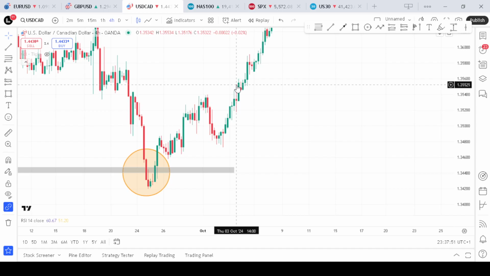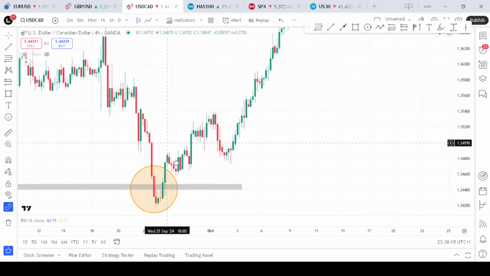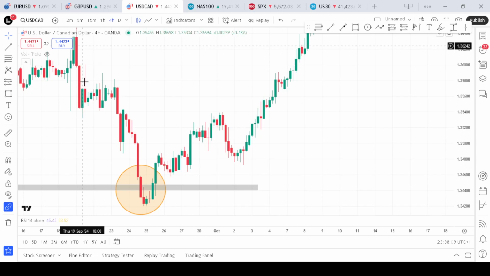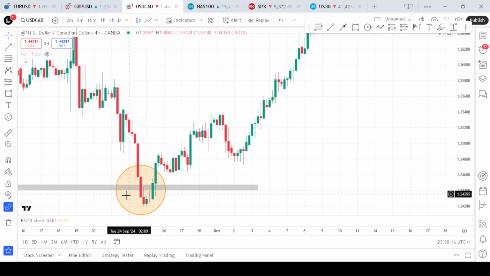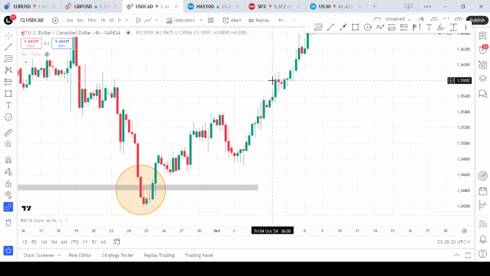The first type of the homing pigeon pattern is the bullish homing pigeon pattern, which forms during a downtrend and signals potential reversal to the upside. And this is a clear example. It is formed during a downtrend. You can see the market is making a series of lower lows and lower highs, and this signals a potential reversal to the upside.